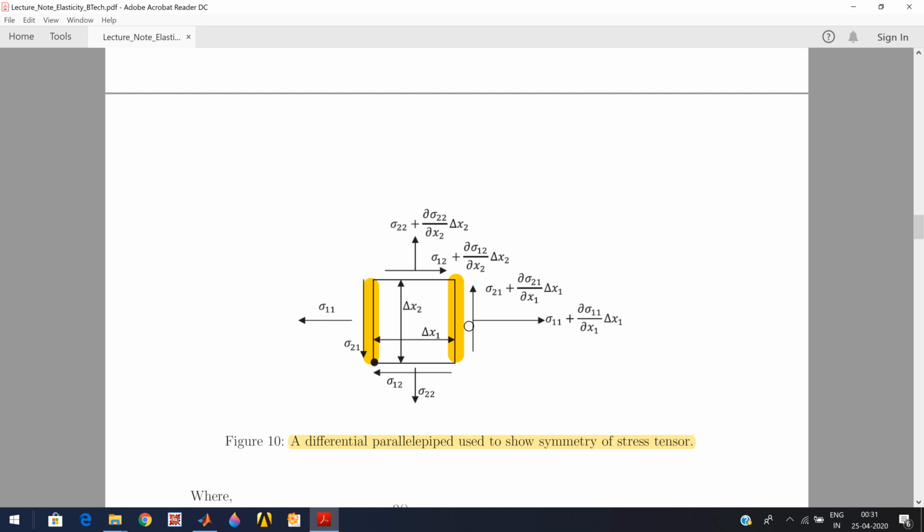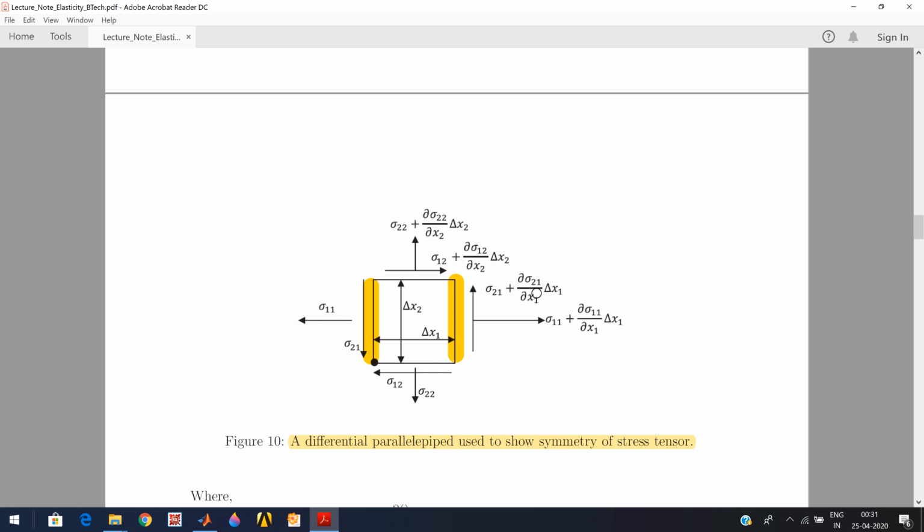So the right hand side stress components will have an increment as per Taylor series expansion, and the first term is considered here. This is the first term in the equation which I have presented for proving the stress symmetry.